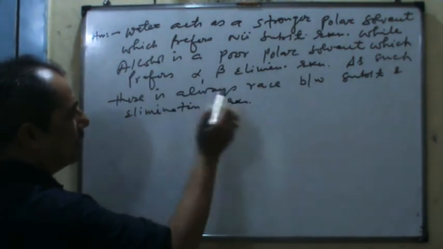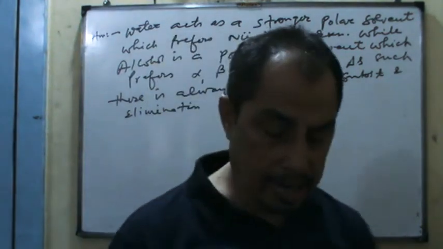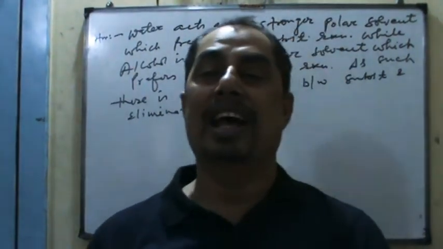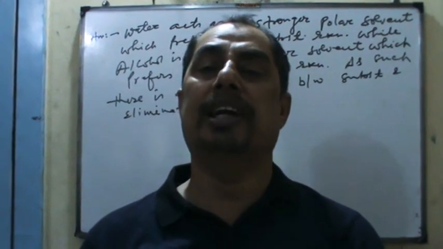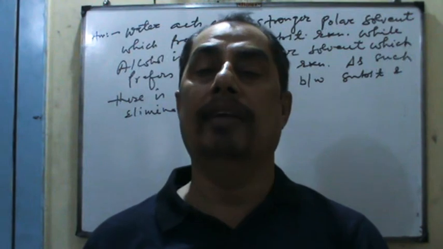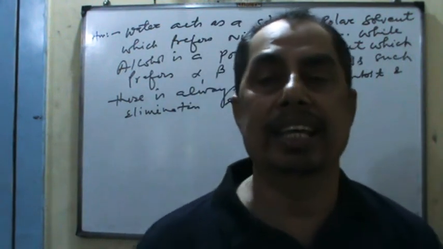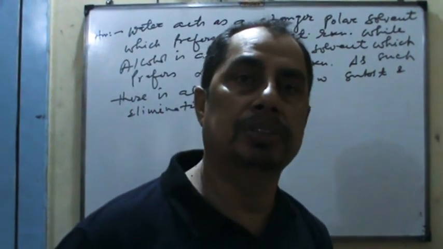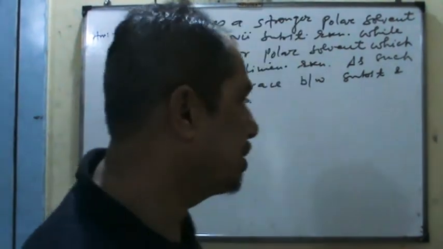Elimination reaction. That is why with aqueous KOH or NaOH alcohol is formed as a major product, but in presence of alcohol, it forms alkene as a major product. It's all about the nucleophilic substitution reaction.